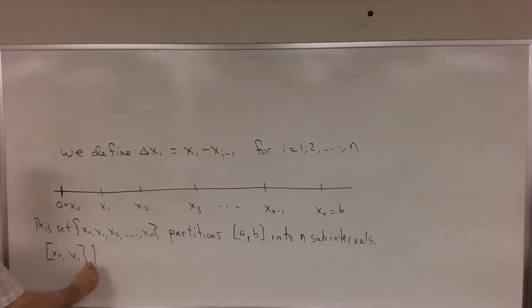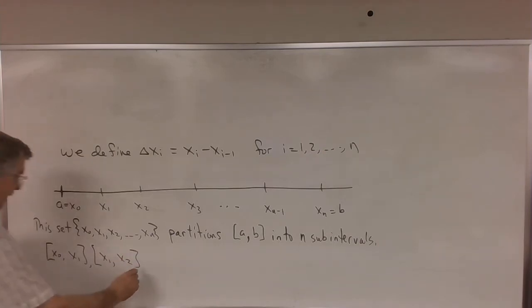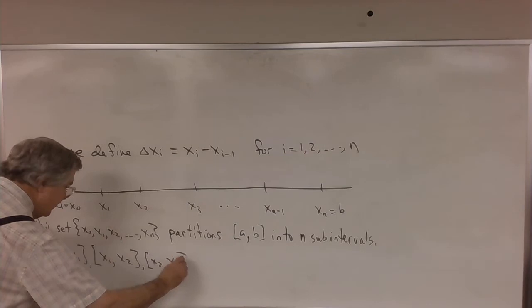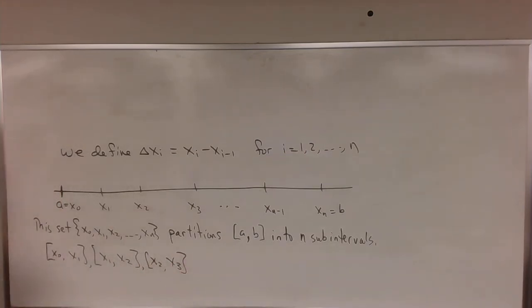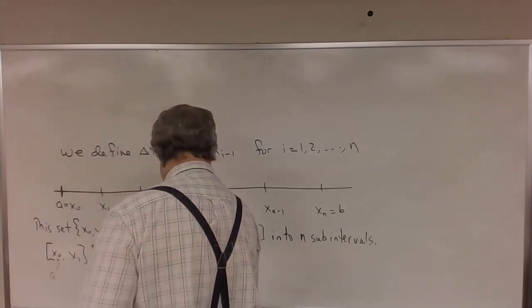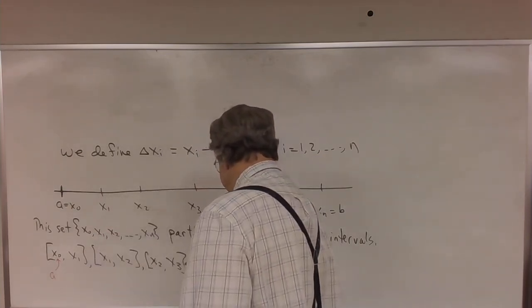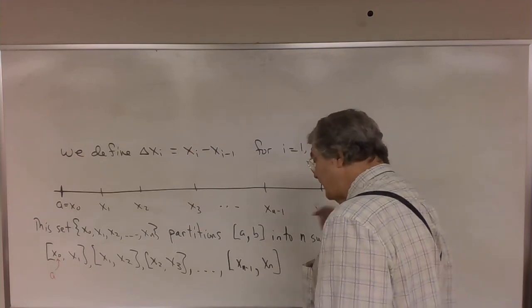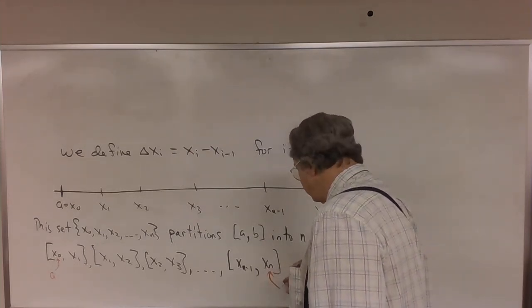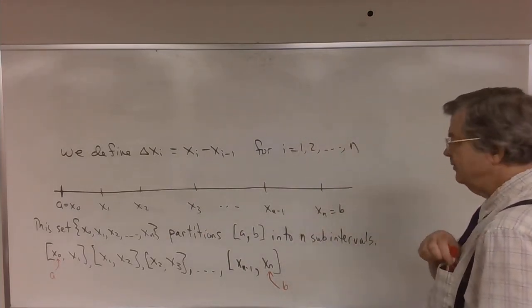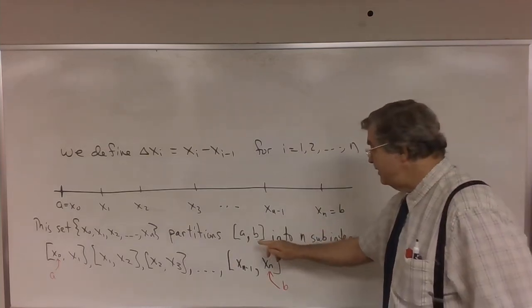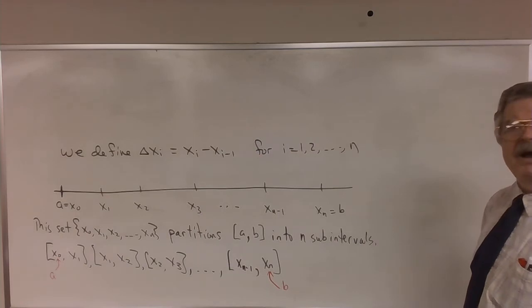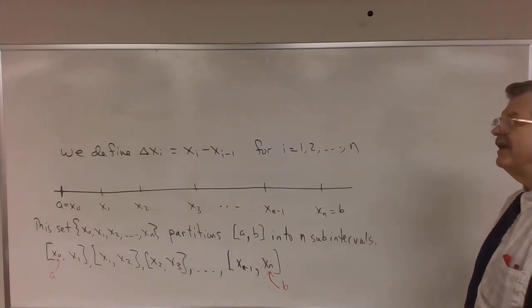X0 to X1, X1 to X2, X2 to X3, and by the way, X0 is A, and Xn is B. So this partitions the interval from A to B into n subintervals, and right now we're not requiring that the subintervals have to be of the same length.